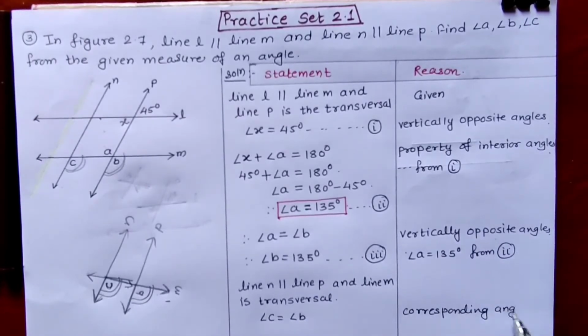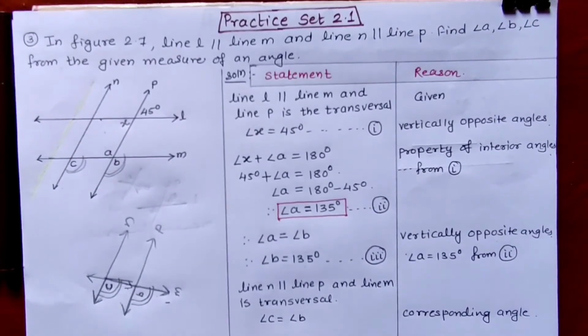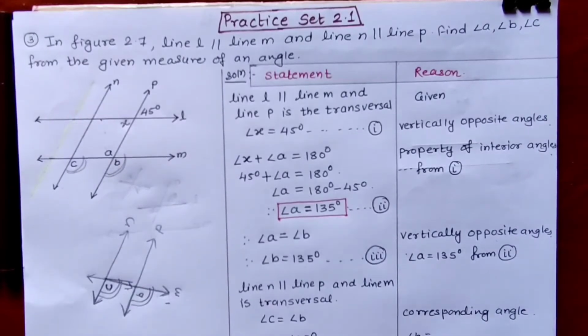Always write the reason. If you don't want to make two parts, you can write the reason in the bracket also. So C we have to write, B is 135 we have got. As B is 135, C will also be equal to 135. Why C is 135? Because B is equal to 135.